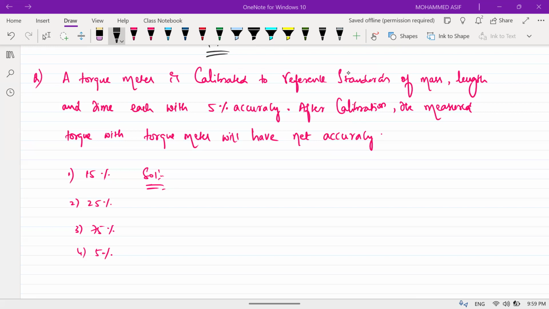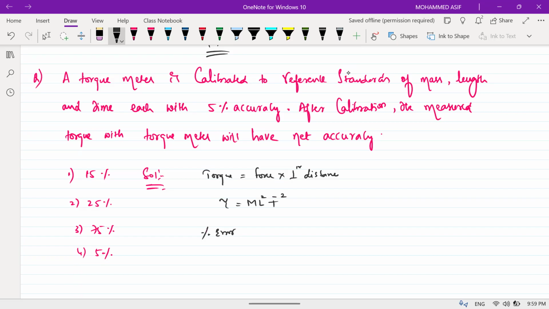टार्क मतलब क्या बेटा? कोई बोल सकता है? What do you mean by torque? Torque is equals to force into perpendicular distance. डायमेंशन फॉर्मूला क्या हो जाएगा टार्क के लिए? Tau is equals to, dimension formula is M L square T power minus 2, isn't it? Percentage error in torque लिखना है.